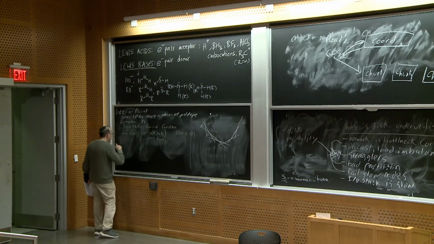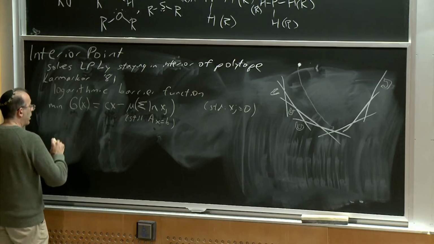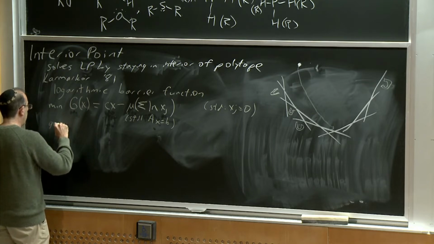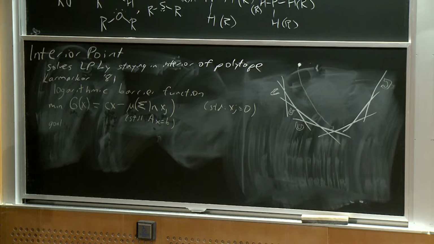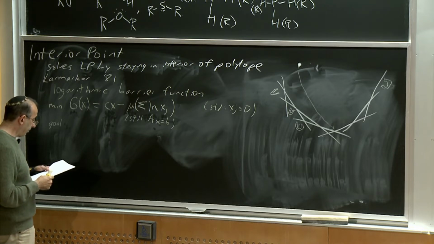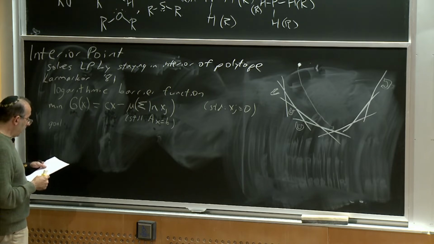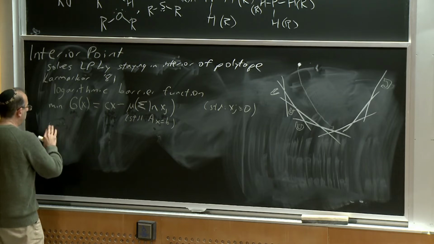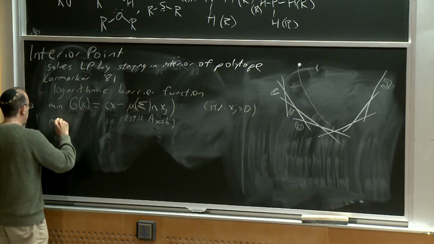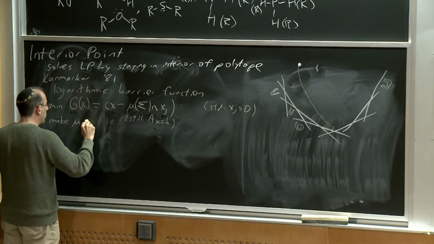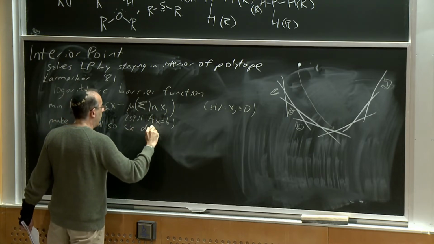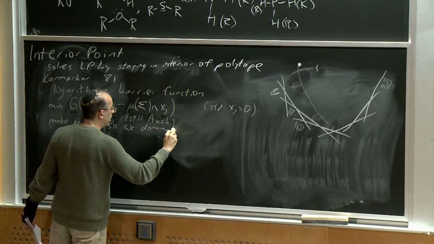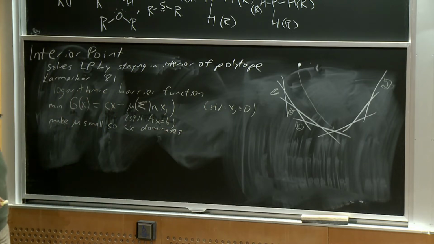And what our long-range goal is, we're actually going to be playing with this term mu. What we're going to do is make mu small, so the Cx term dominates, and you really do end up minimizing the objective function.